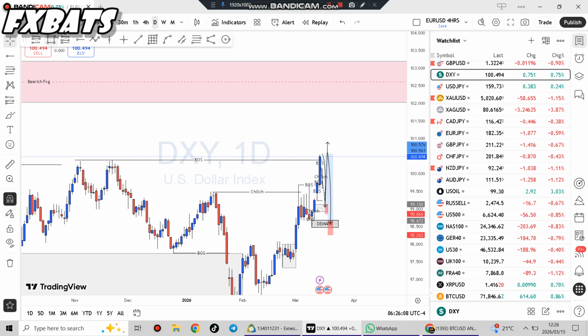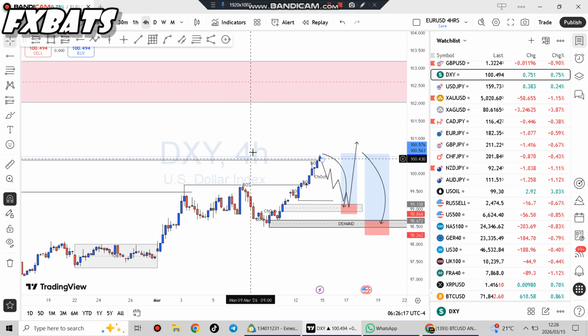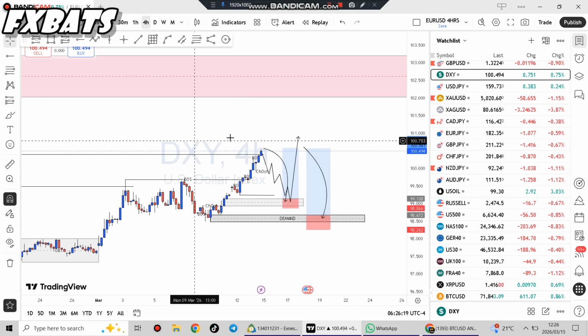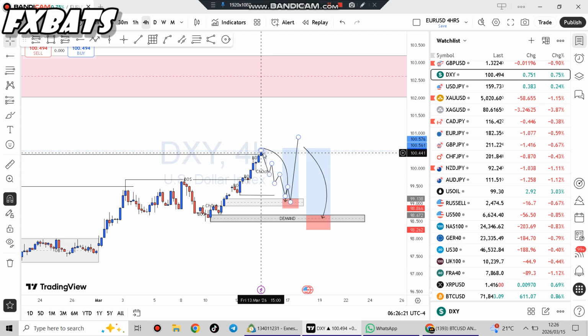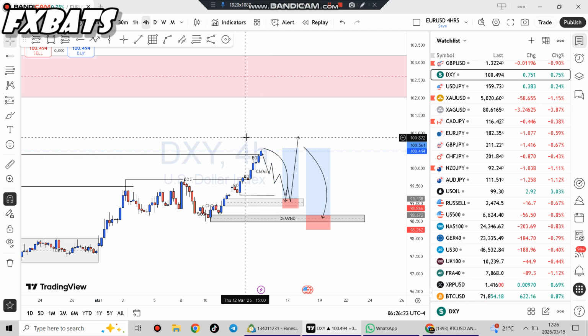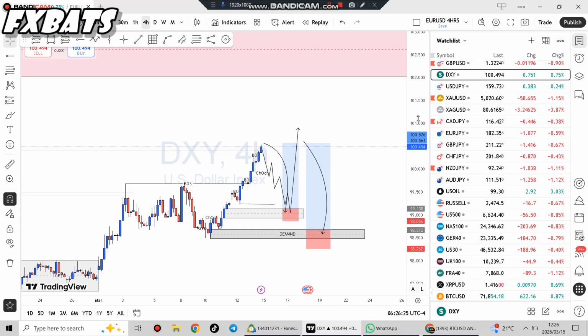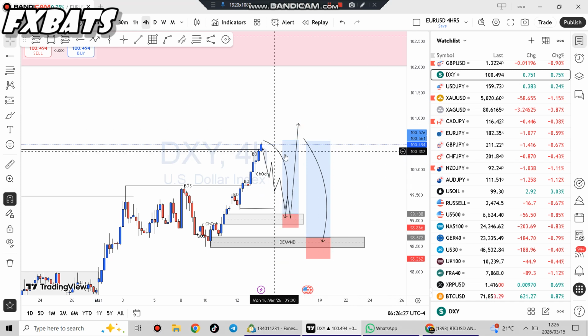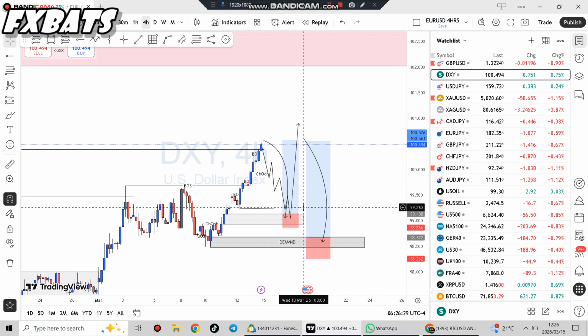I don't have much time to mark it. So what I'm hoping for by next week is for price to start targeting the internal range liquidity. This is what I'm hoping for. Internal range liquidity is when price is retracing back to the areas of imbalance.